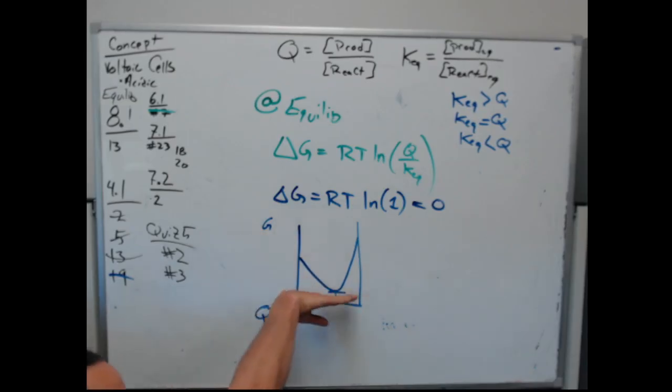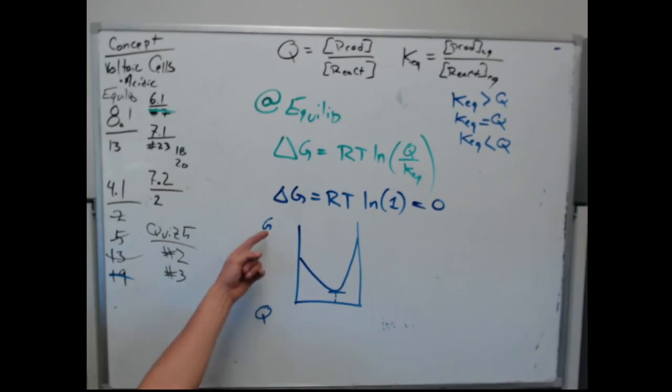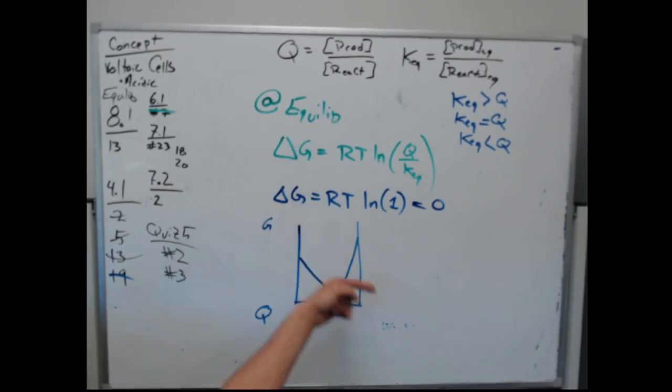We're at the flat part, so we end up with a 0 value for delta G. Our delta G standard still has a value, because delta G standard is a measure of energy differences from a standard condition. Delta G is saying we're at equilibrium, our KEQ and our Q are the same, and the reaction doesn't happen. There's essentially no energy to push the reaction anymore when you're at equilibrium.